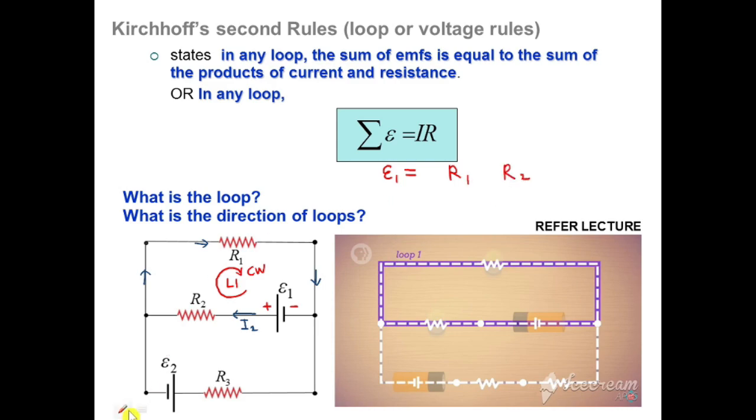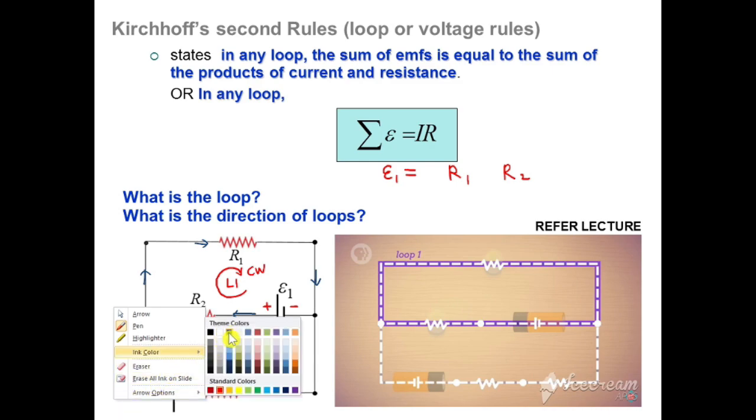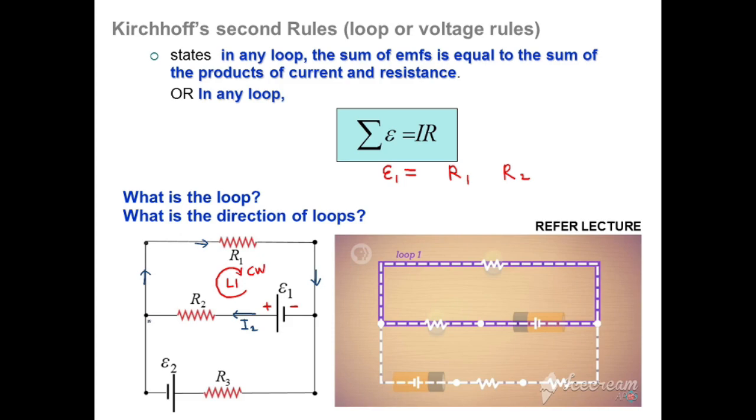Based on the previous video, we know that we already labeled the current from junctions A and B. In this particular junction, the current is I2. From junction A outward, we label as I1. So I1 is entering resistor number 1, so I1 acts on resistor number 1.